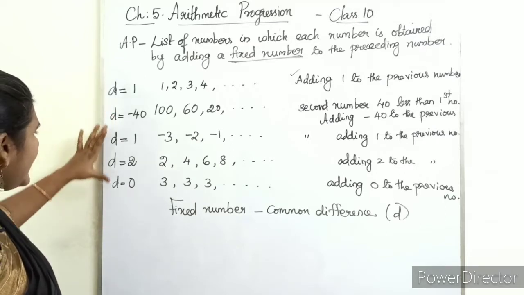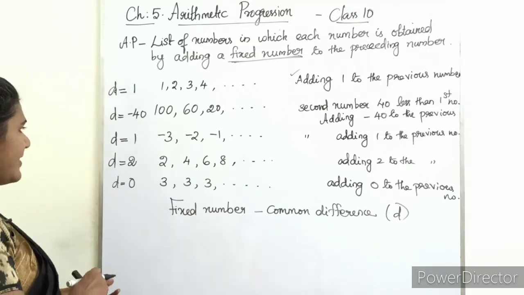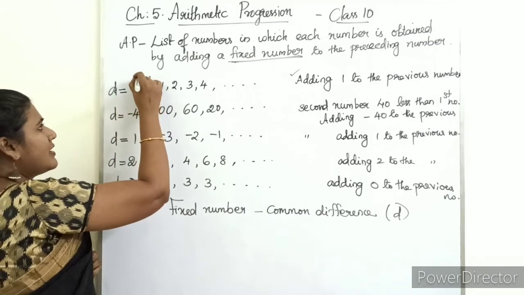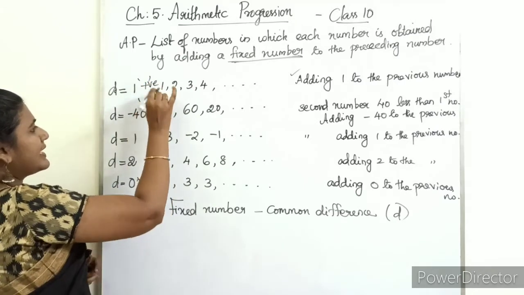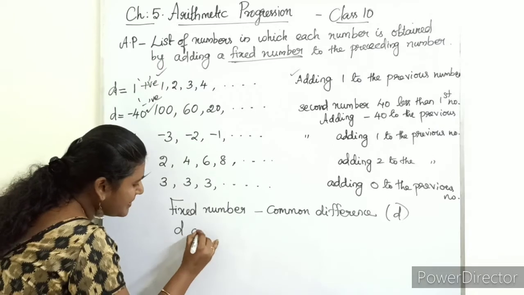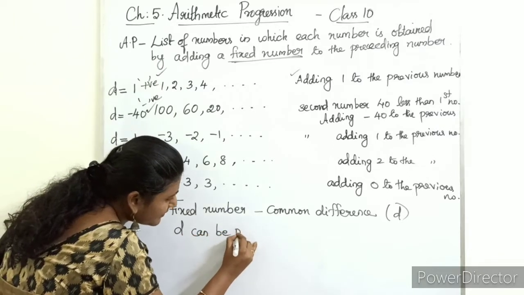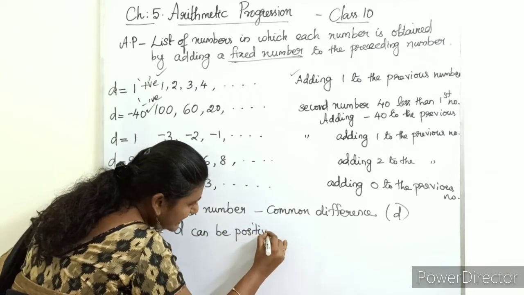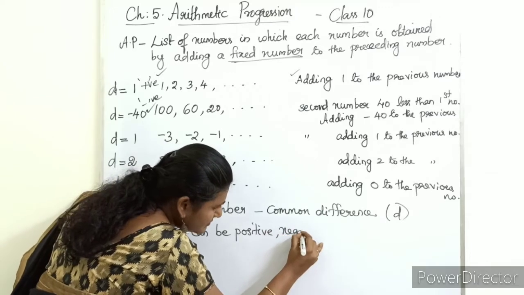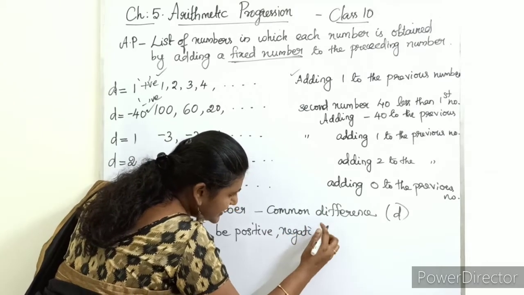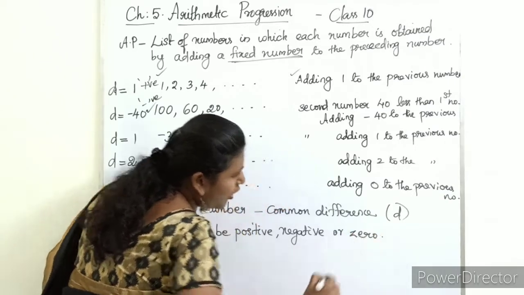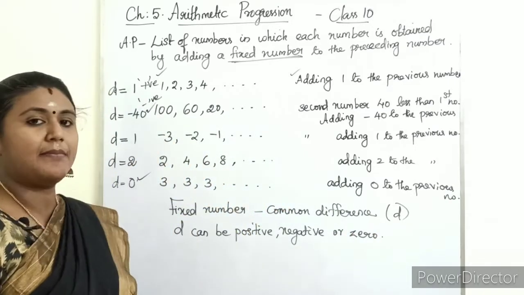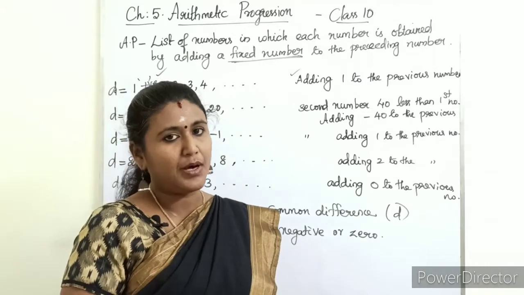So this common difference can be positive, negative, or 0 also. The common difference of an AP can be a positive number, a negative number, or 0.